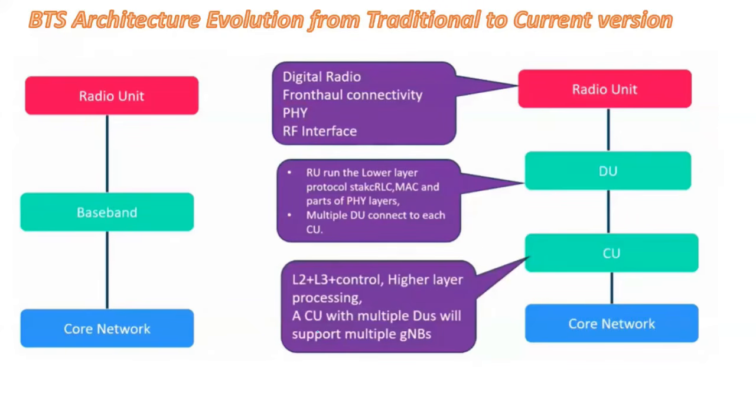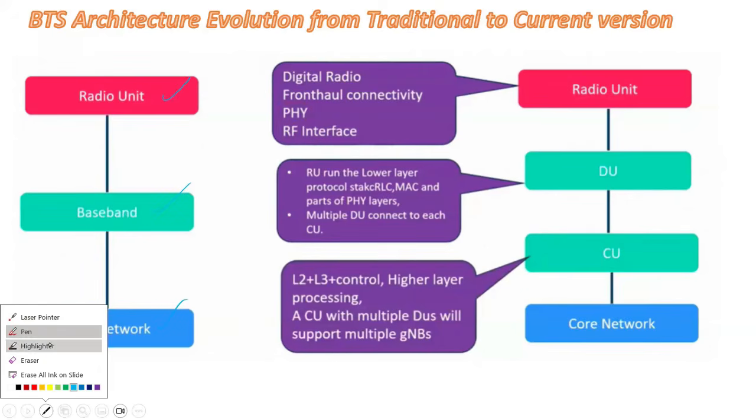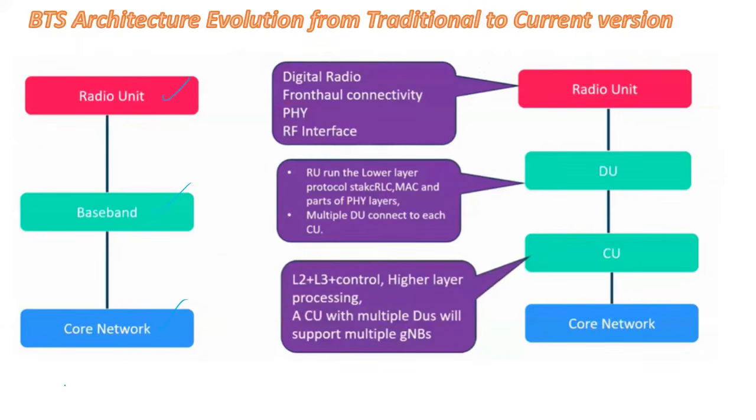Let's talk a little bit again about the functionality of the RU, DU, CU, and core network. In the traditional network, we have three terms only: radio unit, baseband unit, and the core network. But in 5G, or in the present network, we have radio unit, DU, CU, and core network.